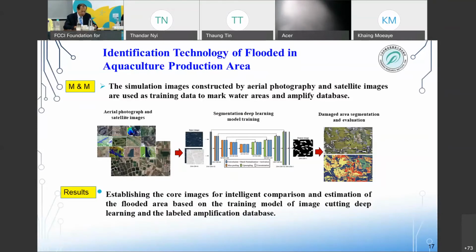This technology can establish the core image by intelligent comparison and estimation of flood area based on the training model of image cutting deep learning and the labeled amplification database.